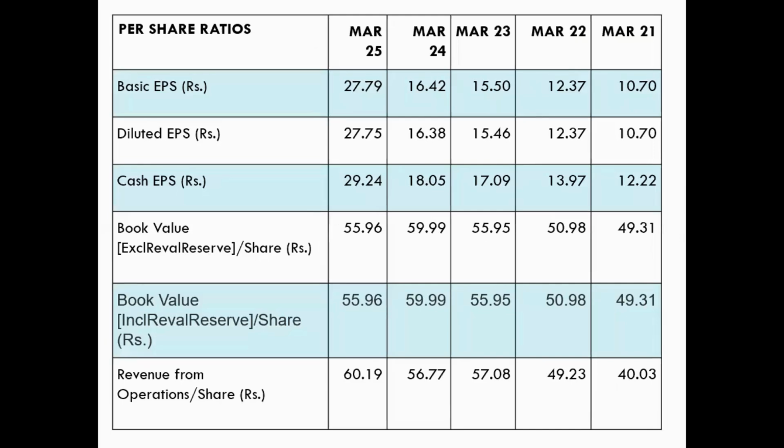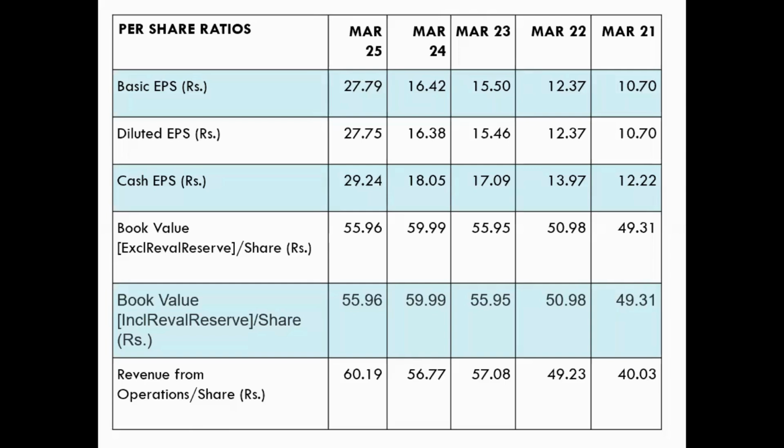This is per share ratios. Basic EPS are 27.79, 16.42, 15.50, 12.37, and 10.70. And the diluted EPS is 27.75, 16.38, 15.46, 12.37, and 10.70.